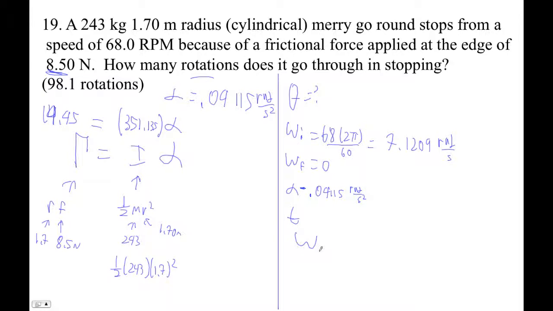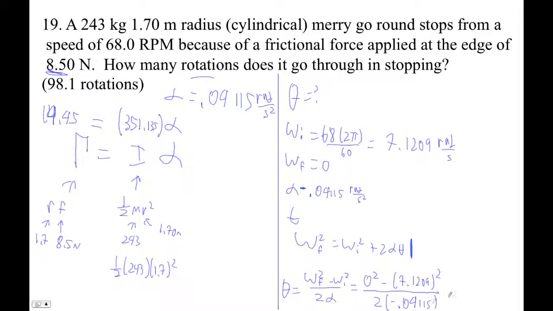And then we want to find the angle, and I guess we want to use the equation with no t, so that's omega final squared equals omega initial squared plus 2 alpha theta, right? So theta is, let's see, 0 squared minus 7.1209 squared, divided by 2 times negative 0.04115.